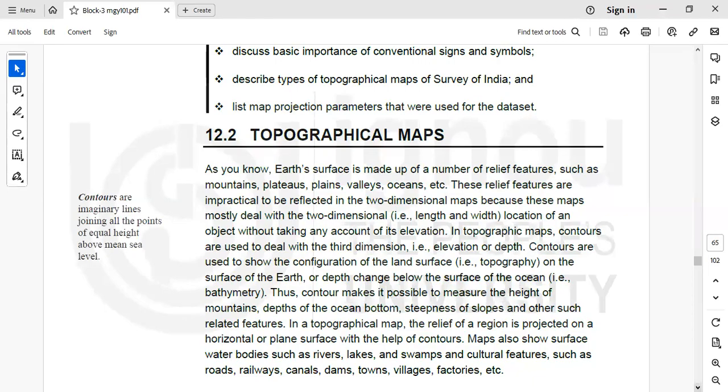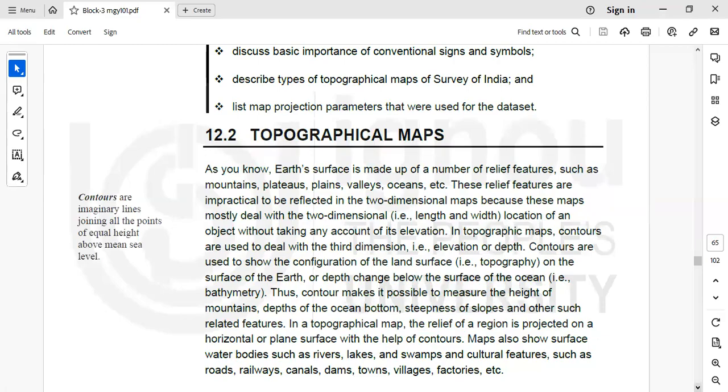So then they designed the other type of the map, a new type of the map, which is known as topographical map. The topographical maps are two-dimensional maps, but they represent the 3 dimensions of the earth. So in topographical map, you will get the information of the length, width, and height.